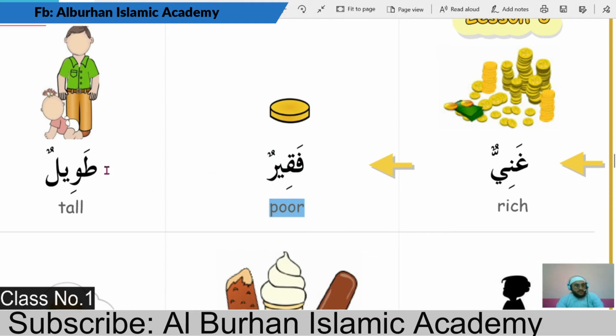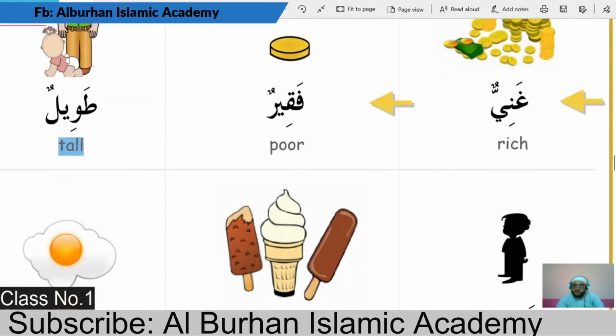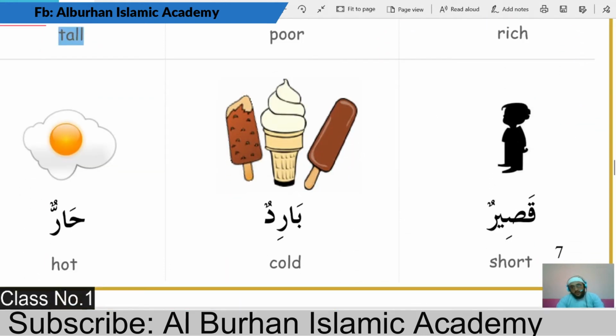All right, next, طويل. طويل used for tall. That's a tall man. All right, next, قصير. قصير used for short, just like a short person.